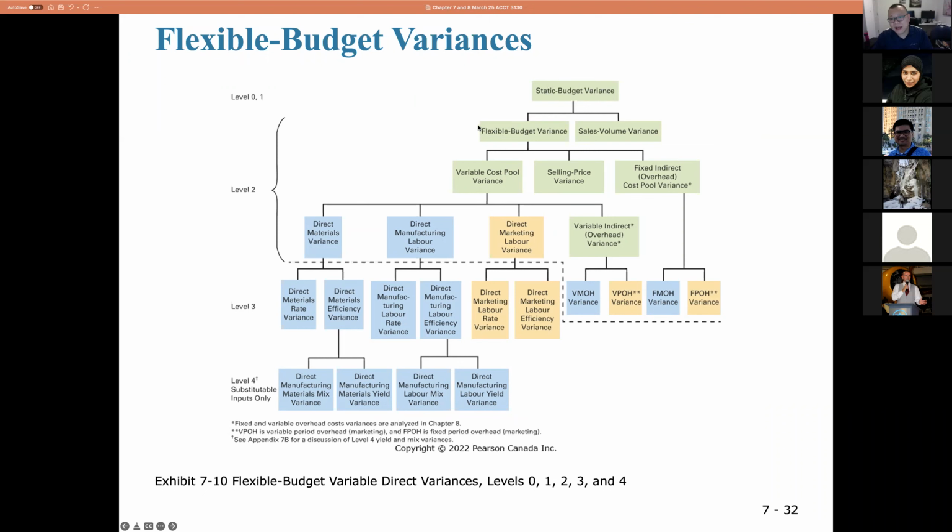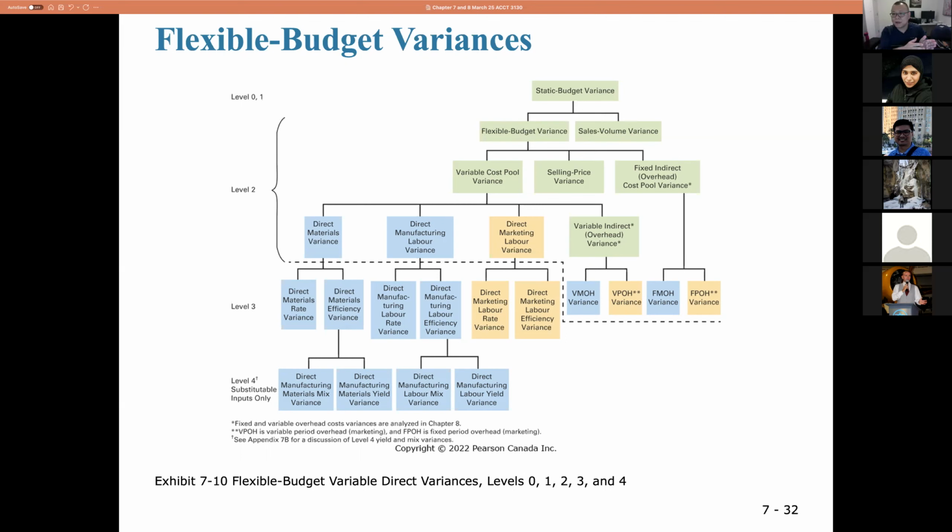This variance can break into 2 variances. Moving on to the next level, we talk about the flexible budget. The flexible budget is different from the static budget.